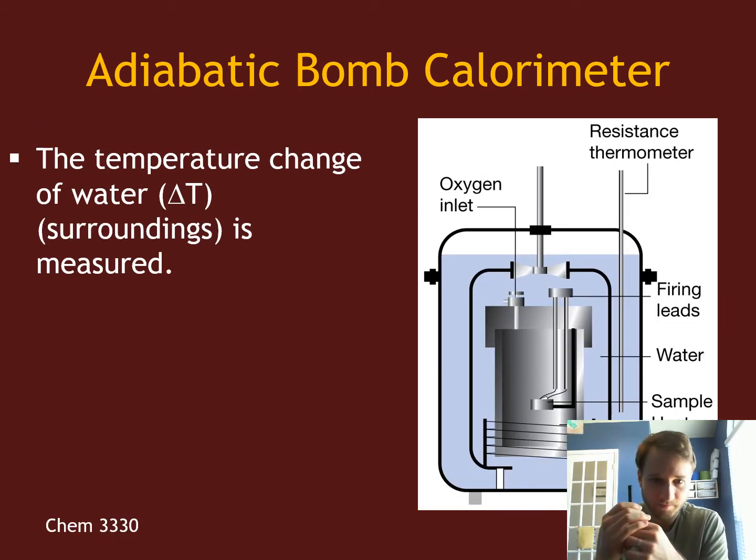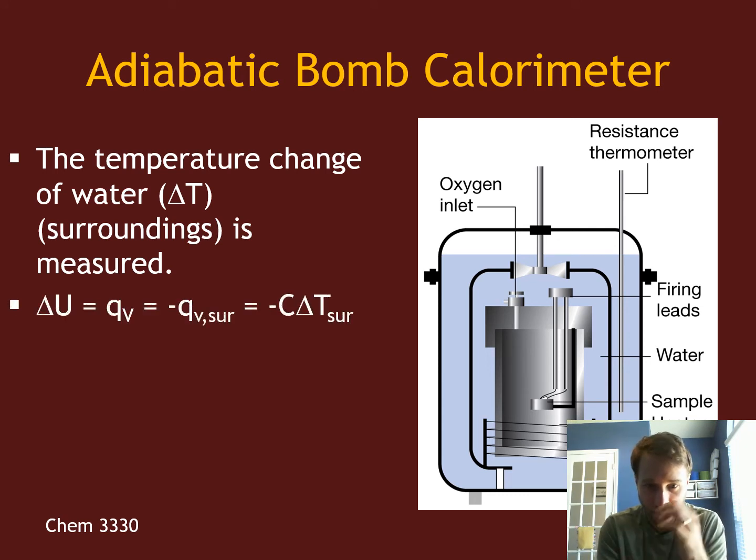And so often what we will do is in that surroundings, we will use that thermometer to measure the temperature change of that water, okay? That temperature change of the water in the surroundings is going to be negative the temperature change in my system, right?